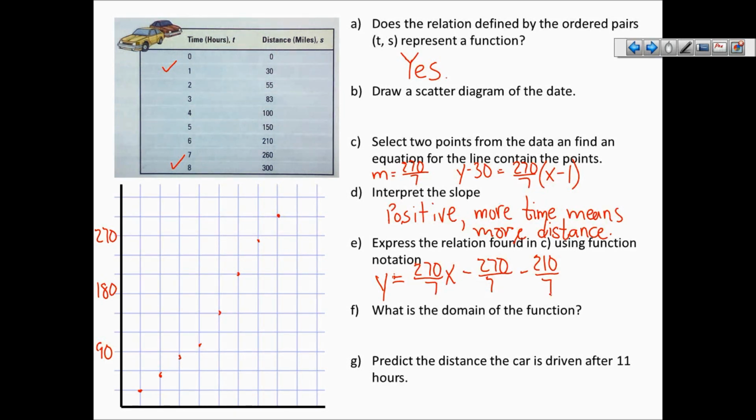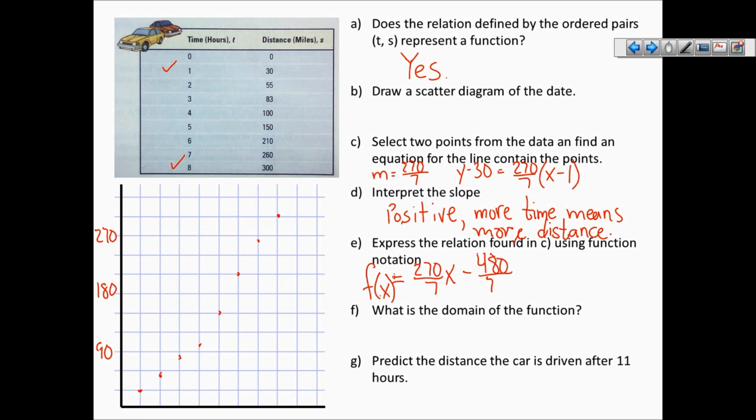So now, writing it as a function, just replace that and combine these two fractions into one. So negative 2 over 7. Just leave it like a fraction.